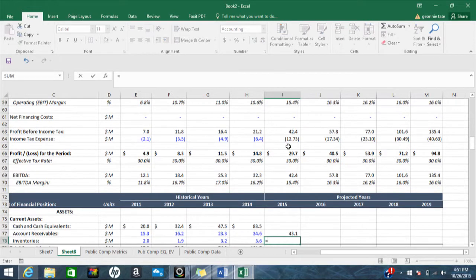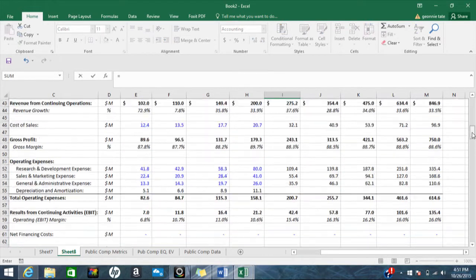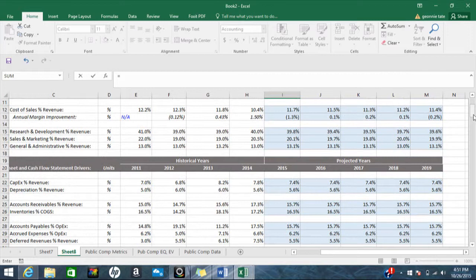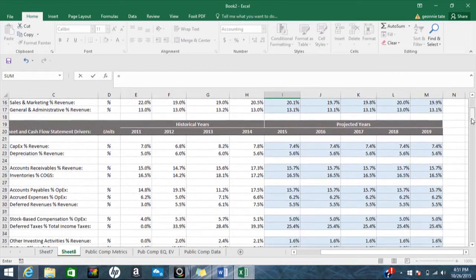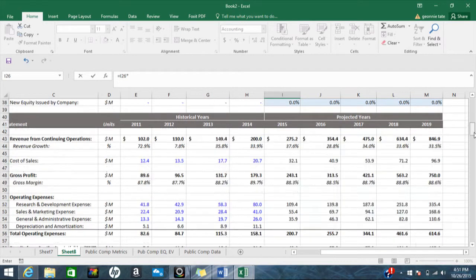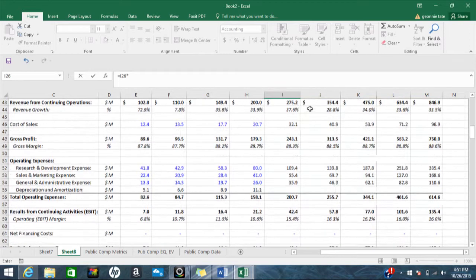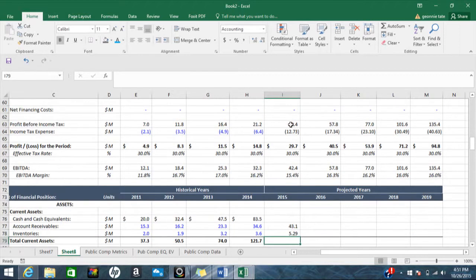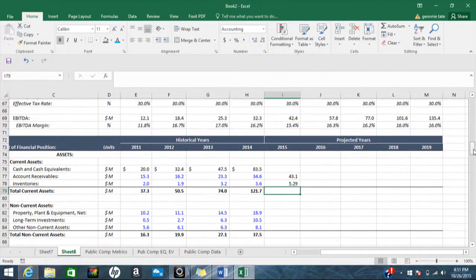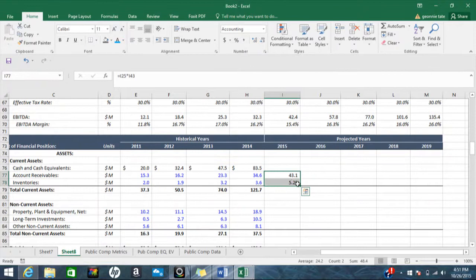For the inventories, same concept. Go up, take my inventory as a percentage of COGS, cost of goods sold, and I multiply it by the cost of goods sold here, which is cost of sales actually. I'm going to copy these formulas across.